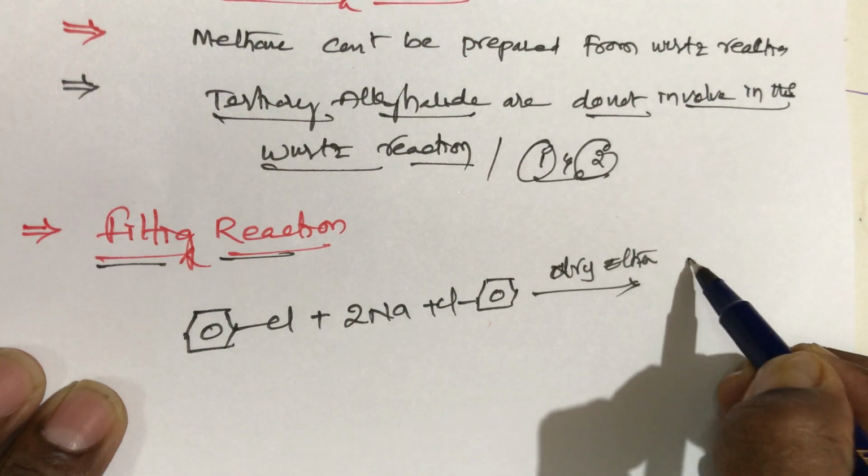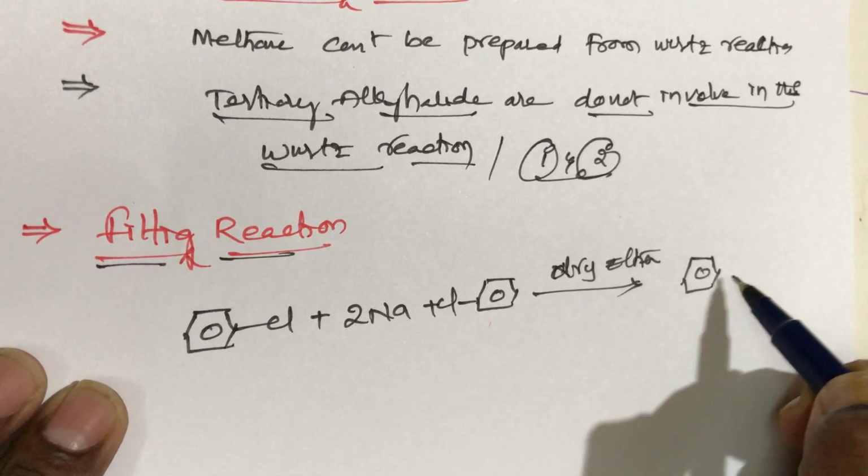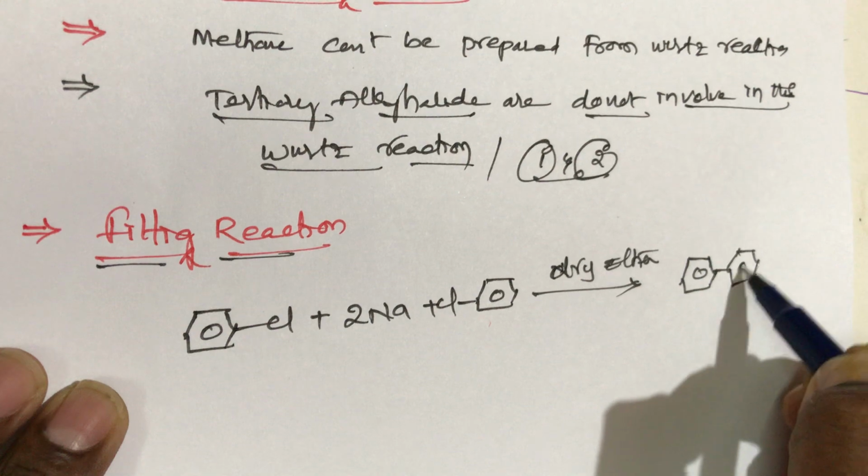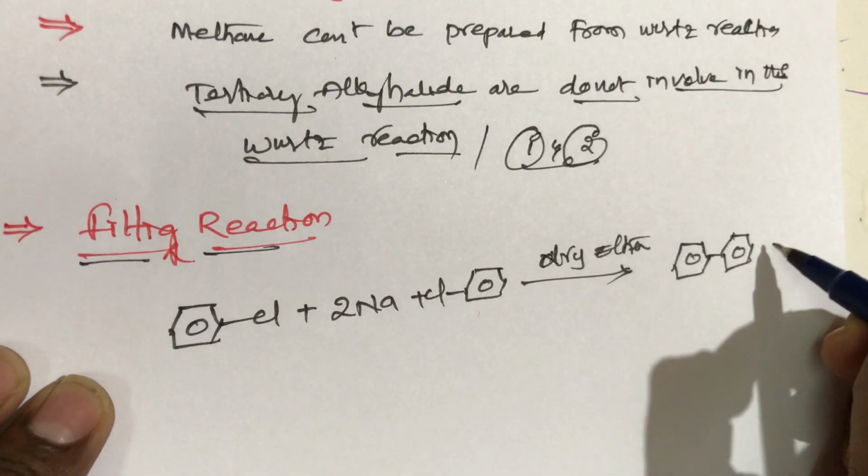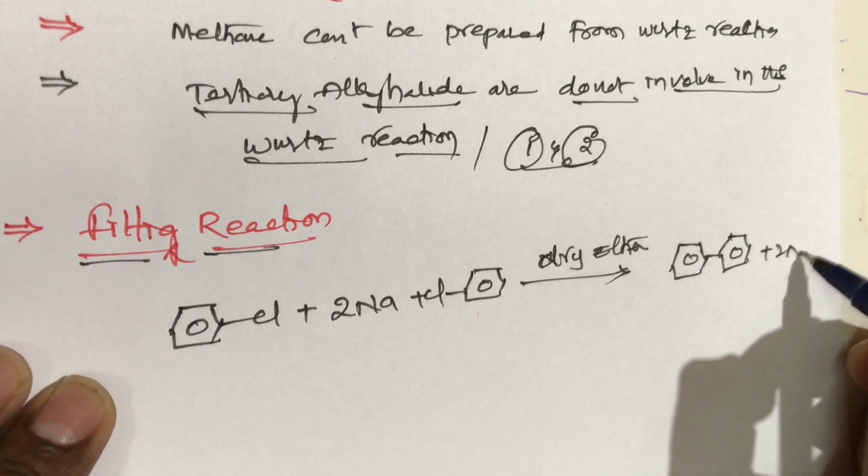We get biphenyl, or diphenyl, plus 2NaCl.